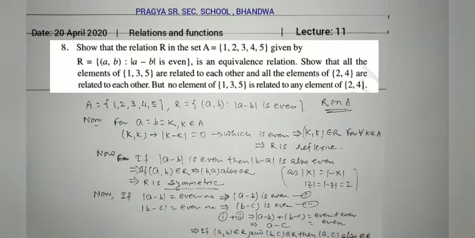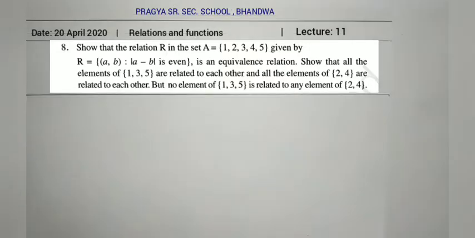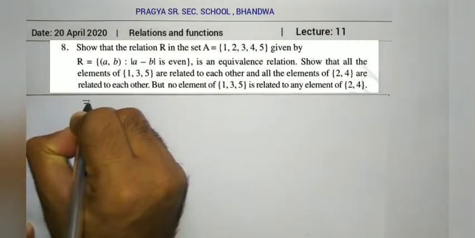So in this way we prove that if A comma B belongs to R and B comma C belongs to R, then A comma C also belongs to R. So our relation is transitive here. So we can write R is transitive.